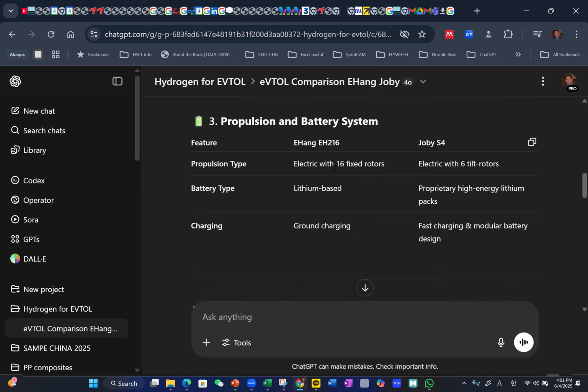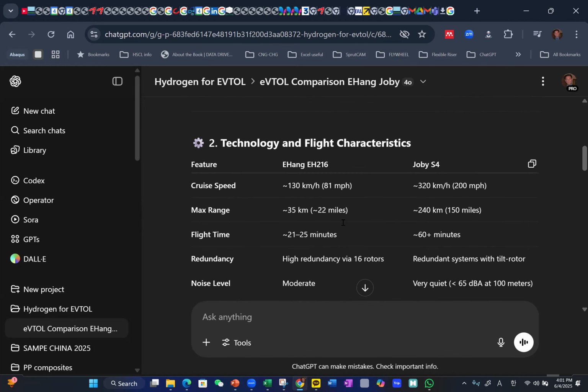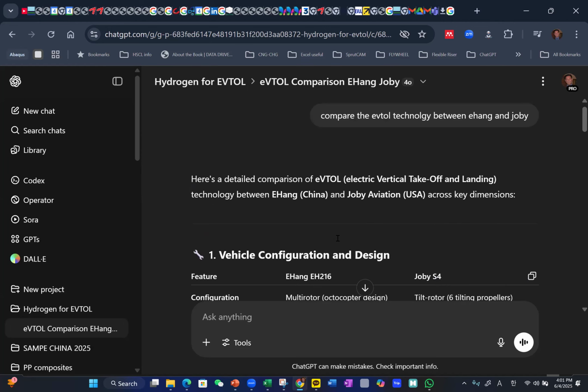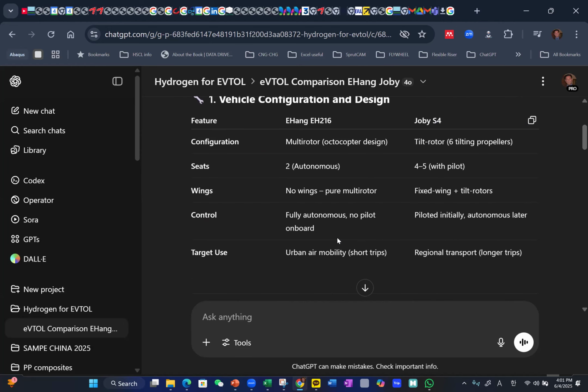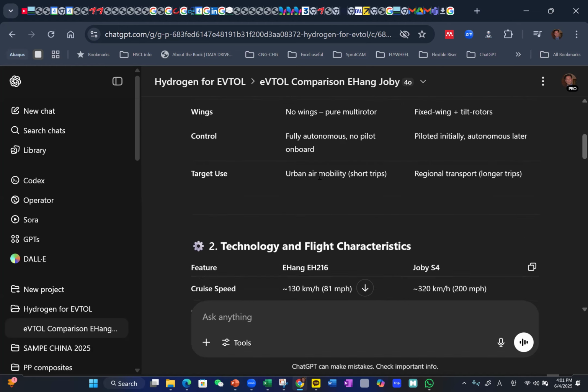EHang has 16 fixed rotors. Actually, why is it 16? Even though it has an 8, where does it say? Octocopter, an 8-design multi-rotor, because we have a top and bottom, two.